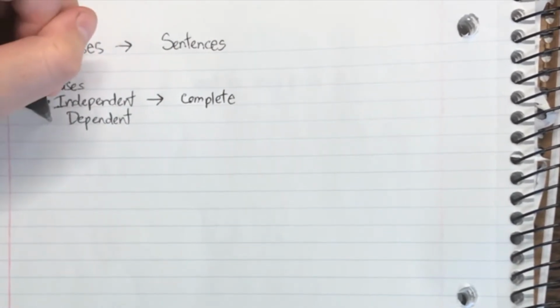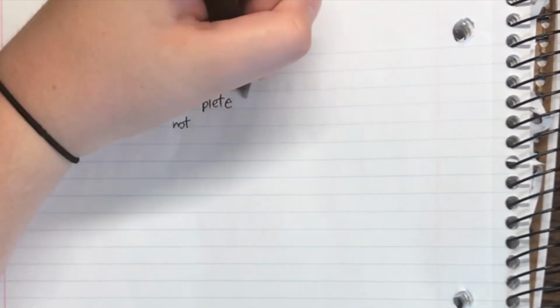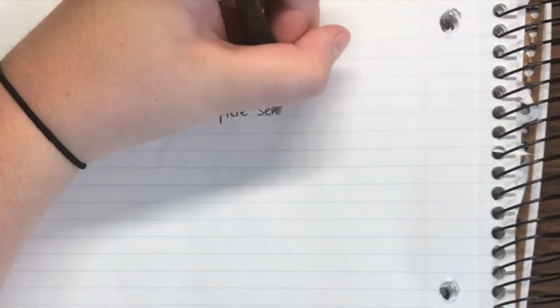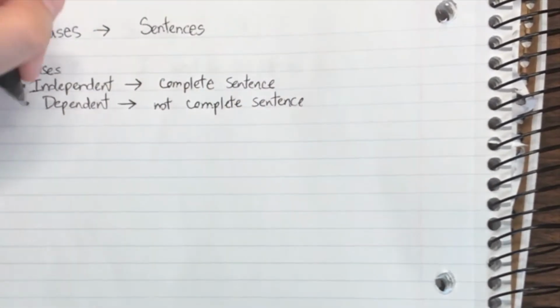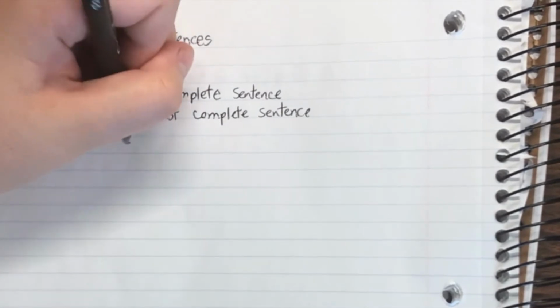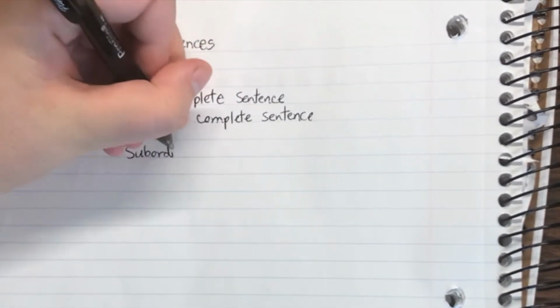A dependent clause cannot stand alone. It is not a complete sentence. Dependent clauses have something at the beginning called subordinators.